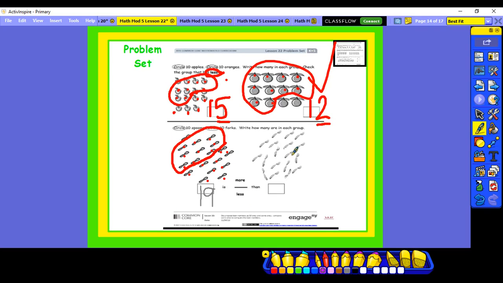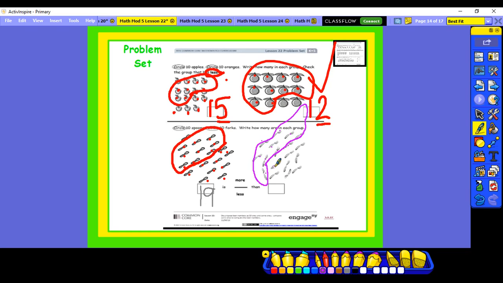Let's count. Ready? 1, 2, 3, 4, 5, 6, 7, 8, 9, 10. There's our group of 10.